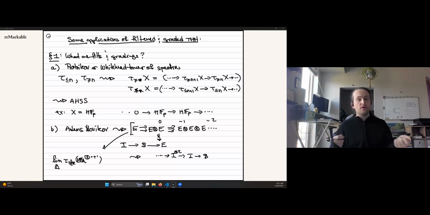In this Whitehead tower, the associated graded is going to be a generalized Eilenberg-MacLane spectrum. If you take the successive cofibers of all the maps in the Whitehead tower, those are going to be shifts of Eilenberg-MacLane spectra. And when you take the sum over all those things, that's going to be generalized. And working over those kinds of objects in stable homotopy theory tends to be much simpler.